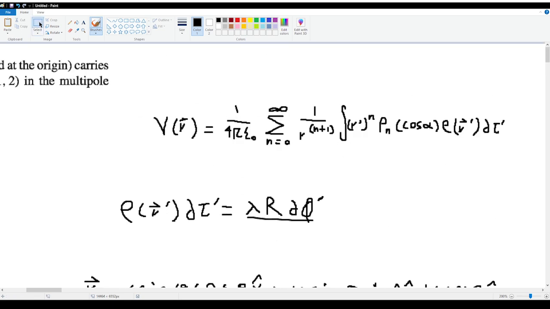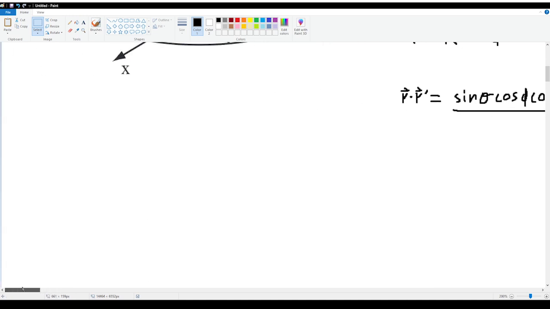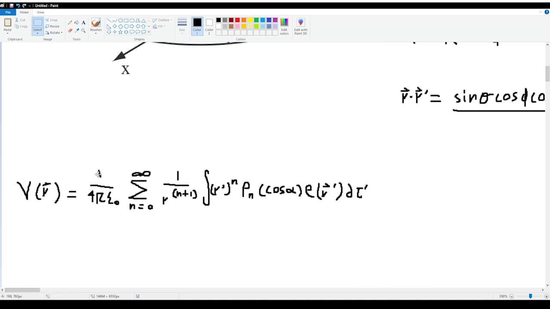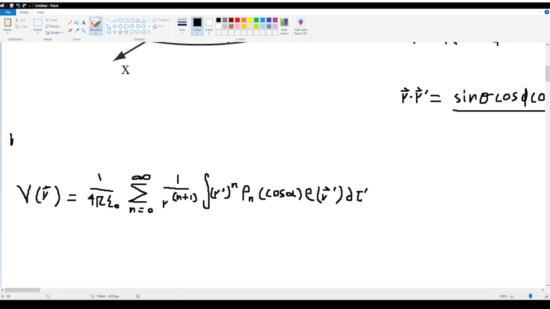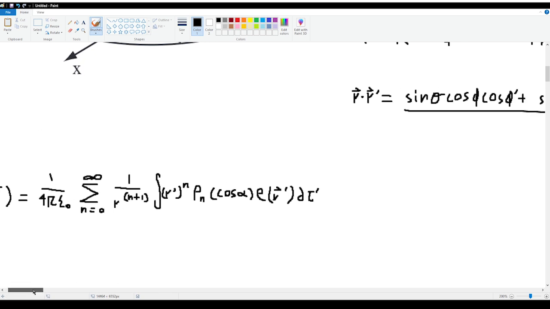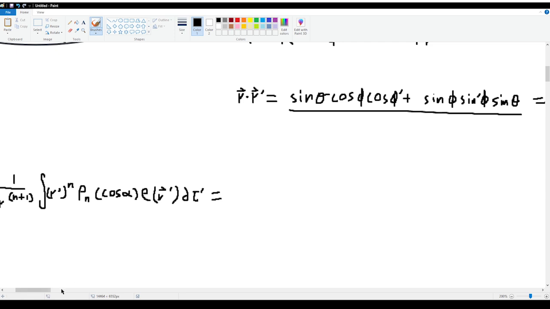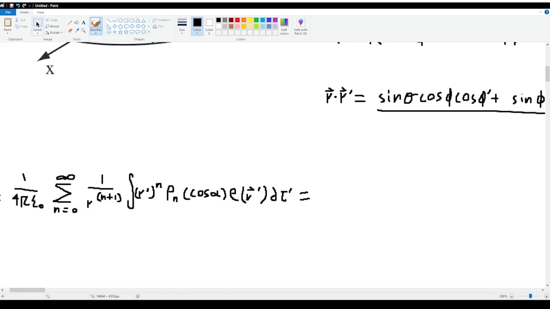So I'll just take this equation and copy it over here. And so let's begin with n equals 0. I'll just do the sum, and then I'll multiply the 1 over 4 pi epsilon naught.